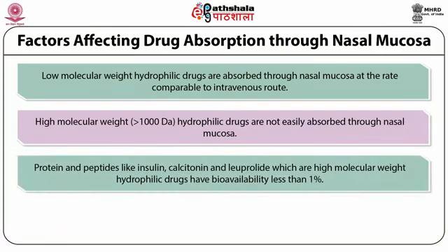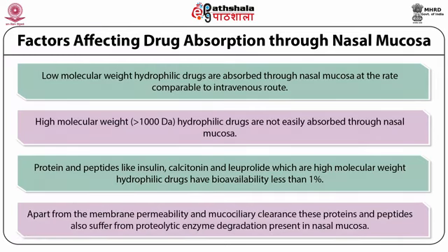Proteins and peptides like insulin, calcitonin, and leuprolide have bioavailability less than 1%. Apart from membrane permeability and mucociliary clearance, these proteins and peptides also suffer from proteolytic enzyme degradation present in nasal mucosa.